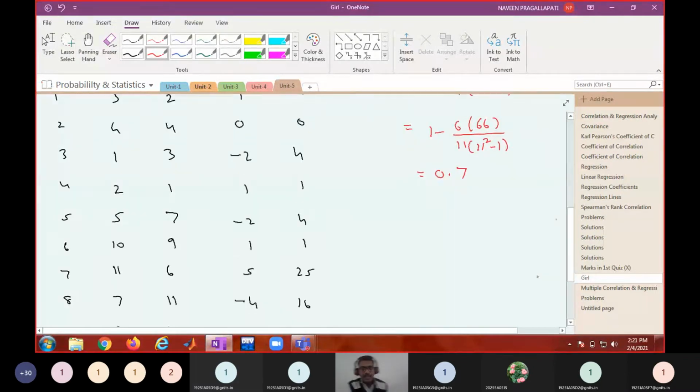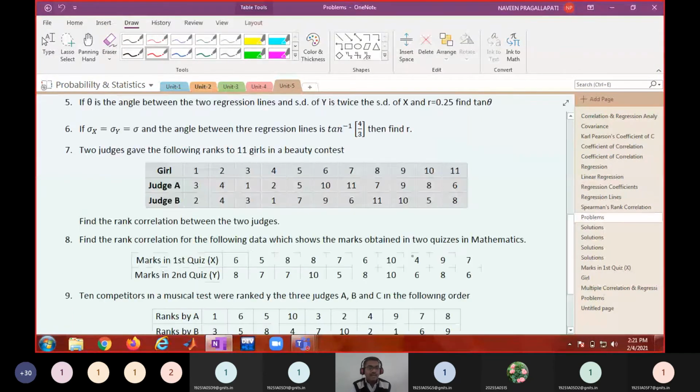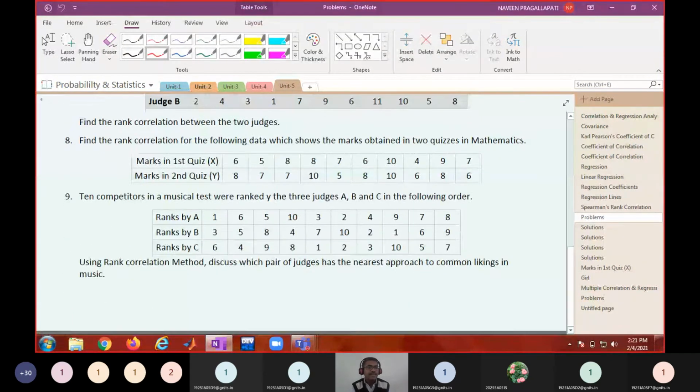Yes. Now take the next problem. Read the third problem. 10 competitors in a musical test were ranked by the three judges A, B, C in the following order.